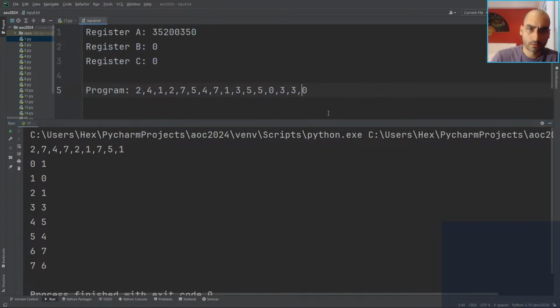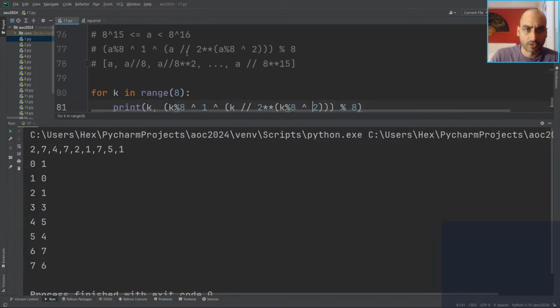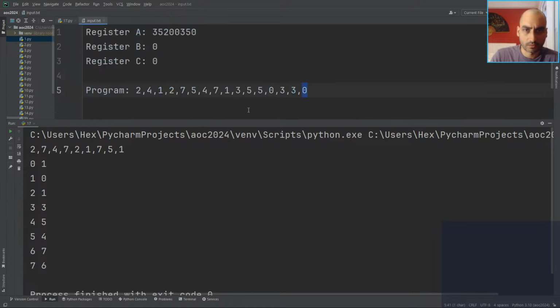We want the last output to be 0, so the first 3 digits should be 001. I don't even know if I've written that formula correct though, but let's assume that's right.